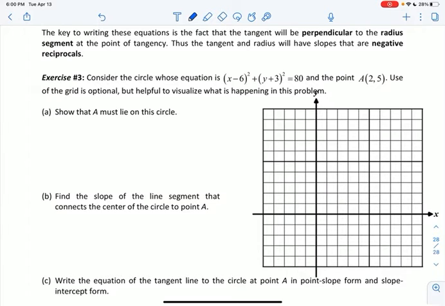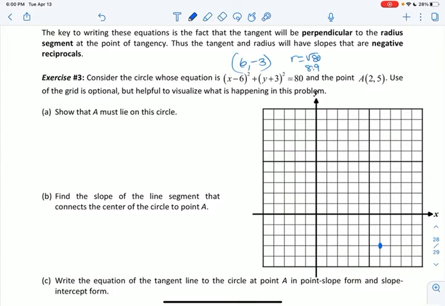All right, so the center of the circle is going to be (6, negative 3), okay? And my radius is going to be radical 80, which is almost 9. It's like 8.9. So (6, negative 3), and again, they said I didn't have to do this, and it has a radius of almost 9.